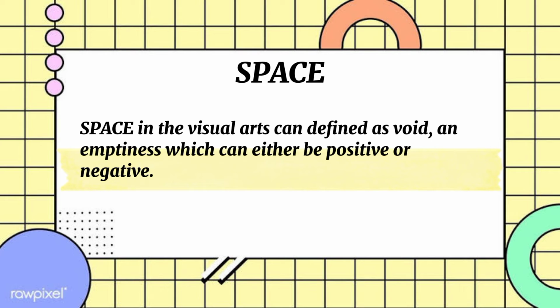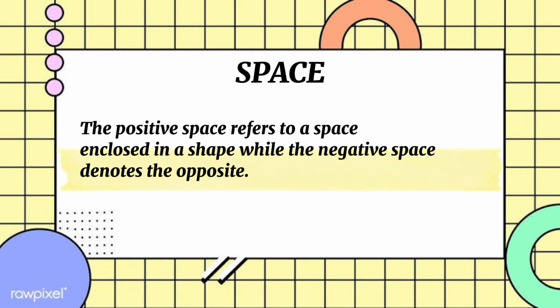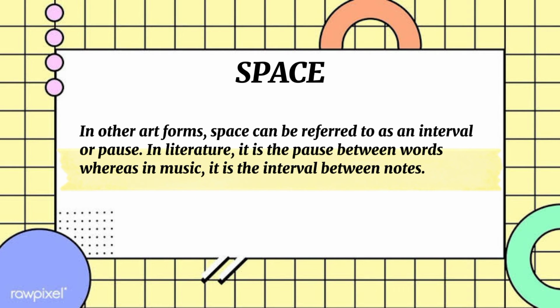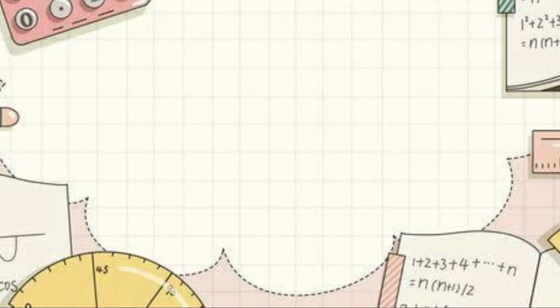Space in the visual arts can be defined as void, an emptiness which can either be positive or negative. Positive space refers to a space enclosed in a shape, while negative space denotes the opposite. In other art forms, space can be referred to as an interval or pause. In literature, it is the pause between words, whereas in music, it is the interval between notes.